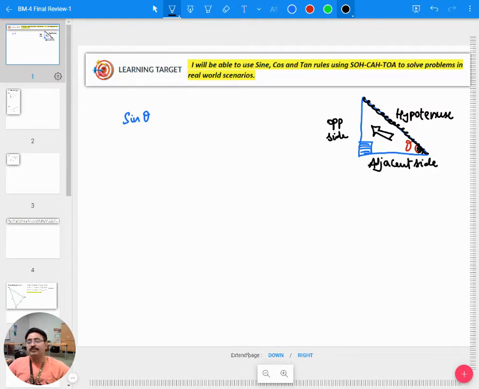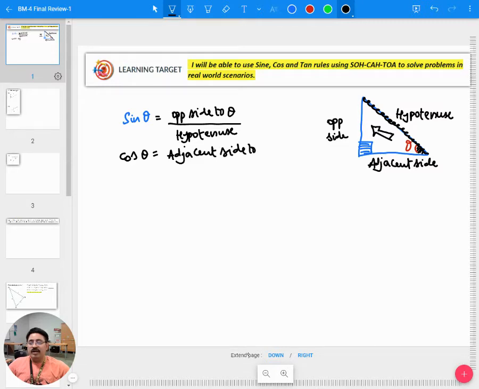to theta. So the sine theta rule is opposite side to theta over hypotenuse. Next, cos theta equals adjacent side to theta over hypotenuse.